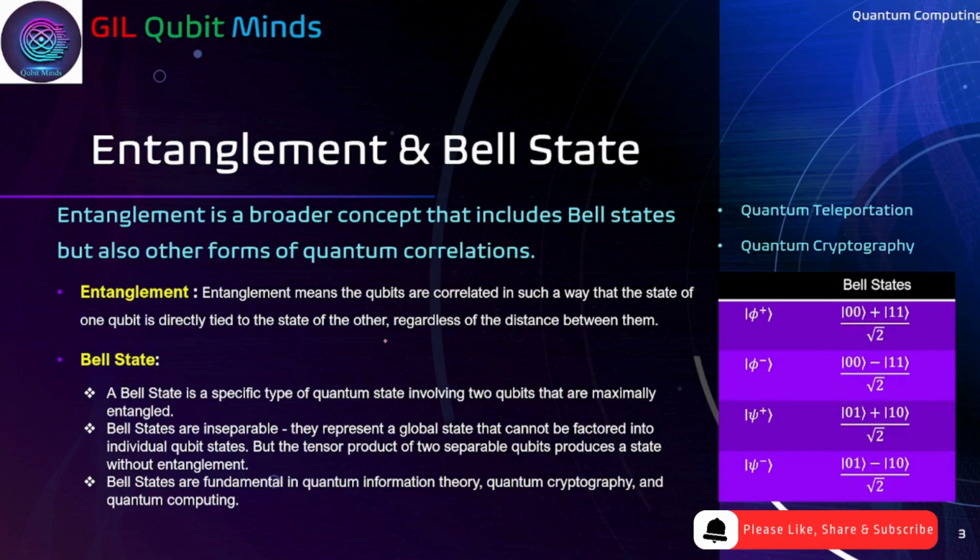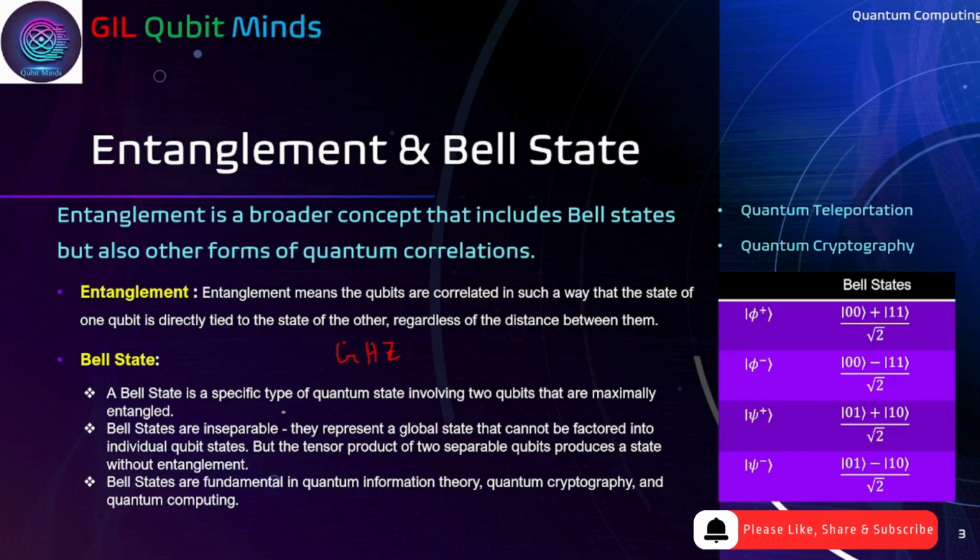If that is the case, we can say both qubits are entangled with each other. The Bell state is one example of an entangled state. There could be GHZ also, which is also an entangled state. Entanglement is very important in quantum computing. In the next part we will see the Bell state.